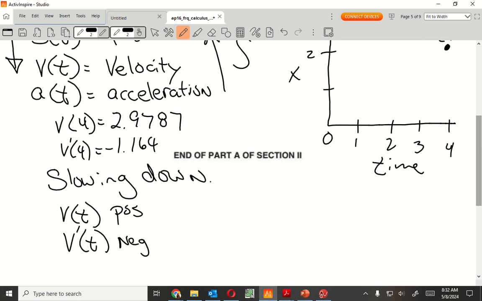So when the signs are different, it's going to be slowing down. If the signs are the same, it would be speeding up. Hoping you write this down, because to get your 2 points on this question, you have to have all this information.